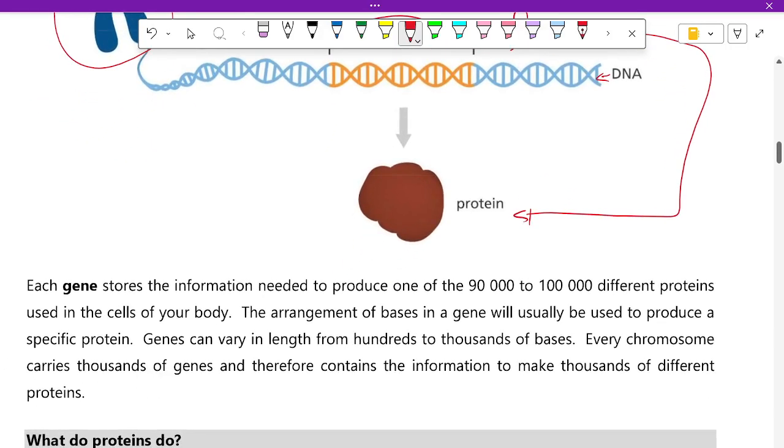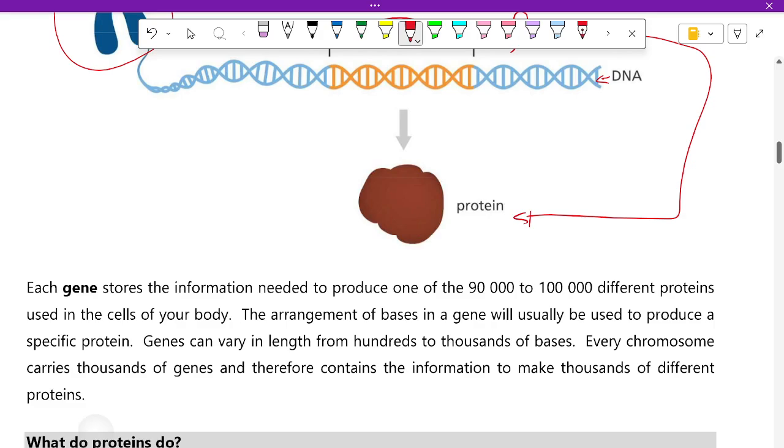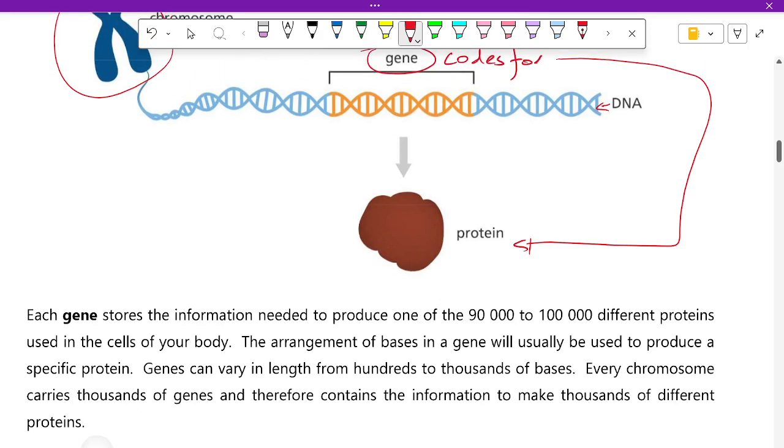Each gene stores information needed to produce one of the 90,000 to 100,000 different proteins needed. The arrangement of bases in a gene will be used to produce a specific protein. Every chromosome contains thousands of genes and therefore contains the information to make thousands of different proteins.